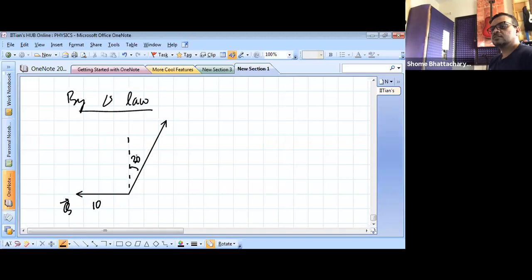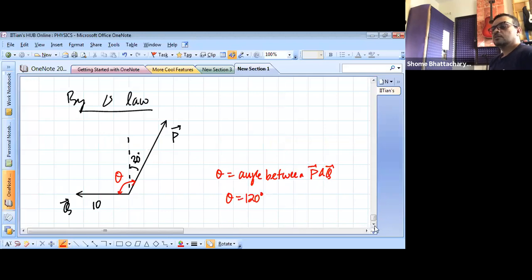This angle is 30. So this is the vector P. Then what is the angle theta? The angle between the two vectors. That is this angle. Okay. So theta, the angle between P and Q, theta is equal to 120 degrees.